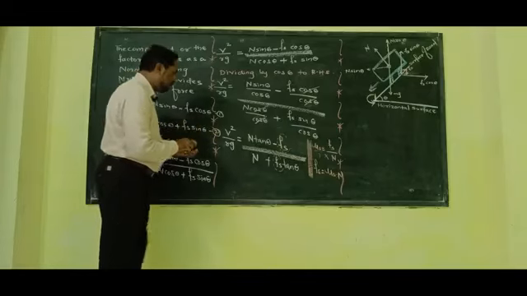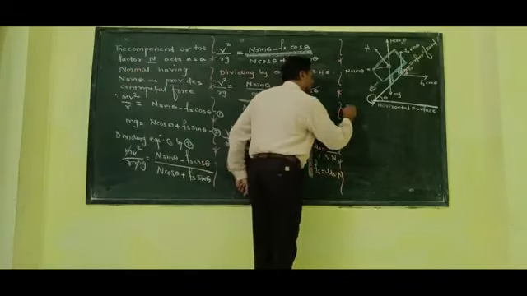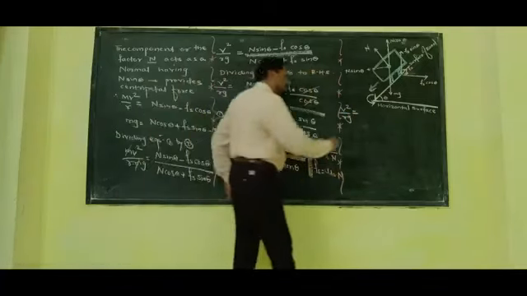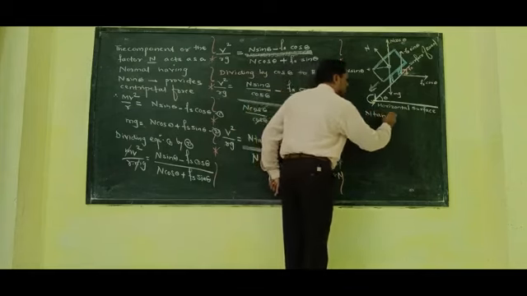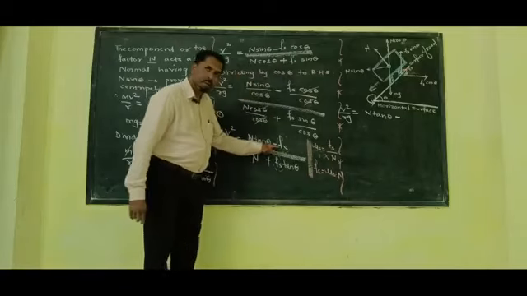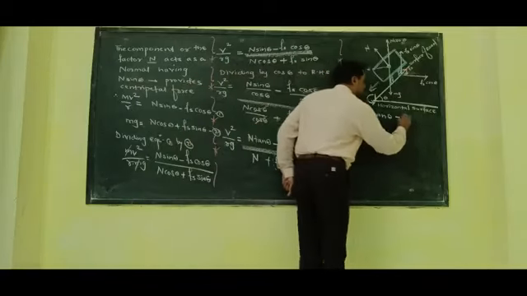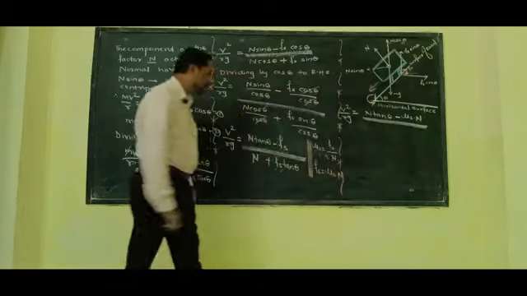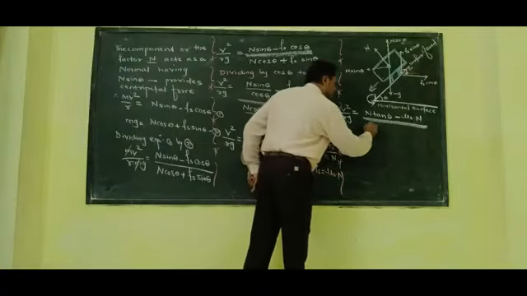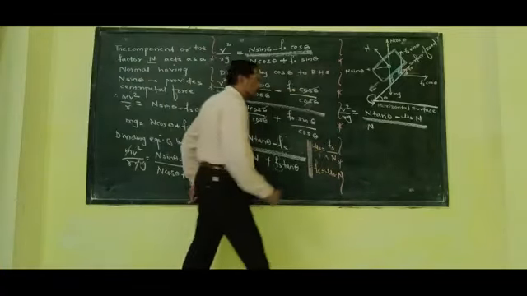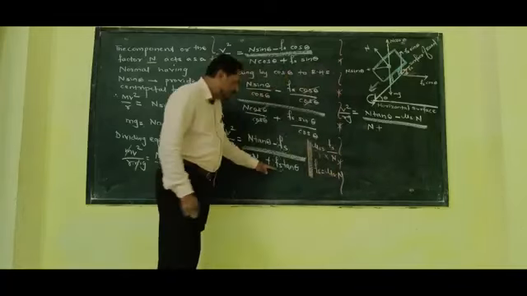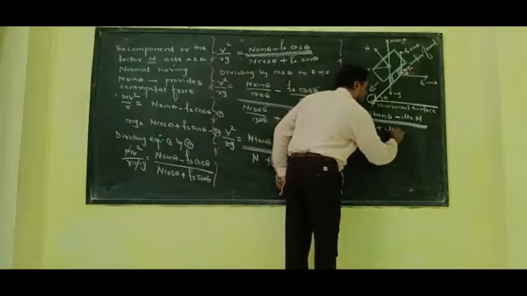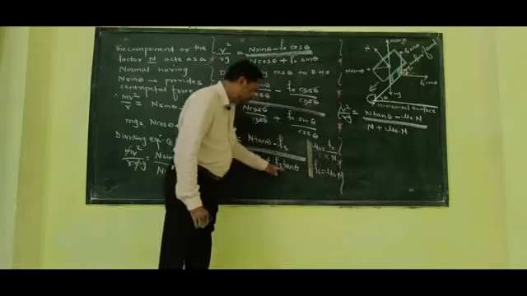So what it becomes is v square upon rg is equal to n tan theta as it is, minus, what is Fs? Fs is nothing but mu s into n, divided by n as it is in the denominator, plus, at the center as it is, Fs once again is mu s into n, what remains is also tan theta.